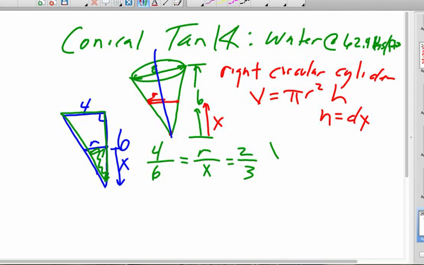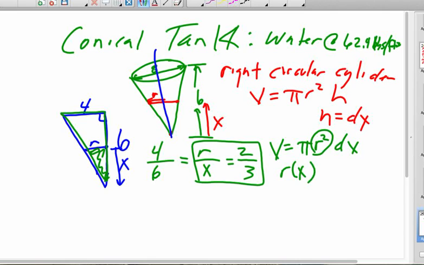So my volume is pi r squared dx. What I really want to have in here is r as a function of x. It depends on how far I'm up. So what I'm going to do is cross multiply. I have 3r equal to 2x, or r is 2/3 x.